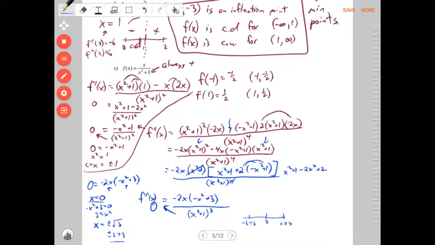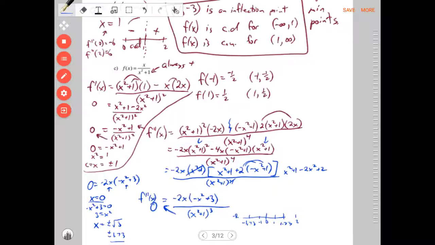Those are our regions, and we want to figure out numbers on either side of those. Negative 1 is in here somewhere, negative 2 is out here somewhere, positive 1 is in here, and positive 2 is out there somewhere.